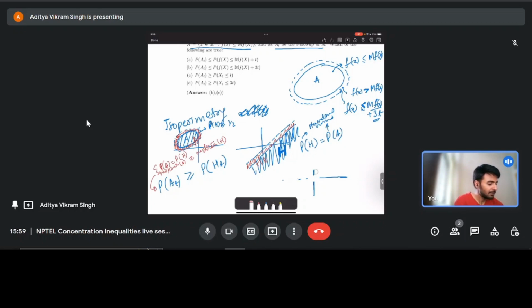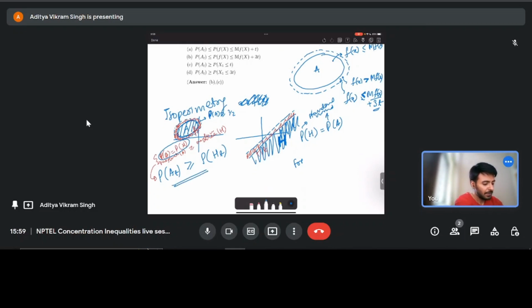What I argued is correct, but what we want to say is that this PA equal to PH may not be true. This need not hold, and we still have this condition here. For that we require that PA be greater than or equal to half.